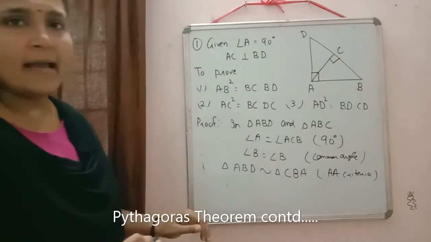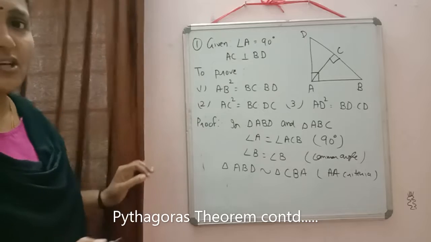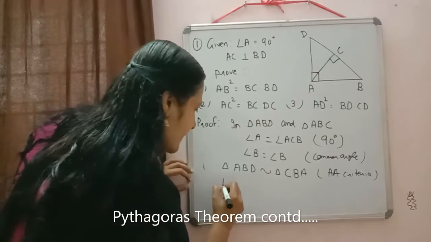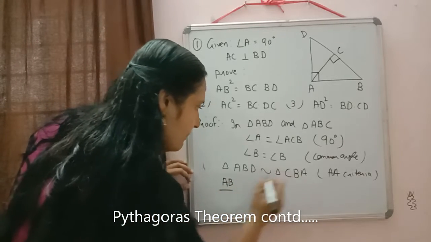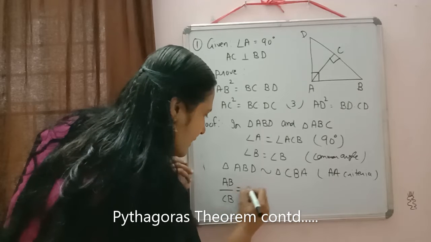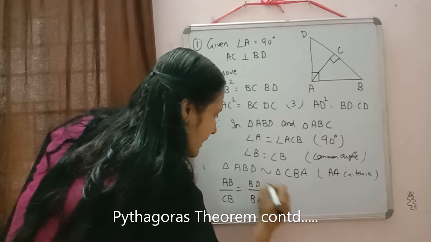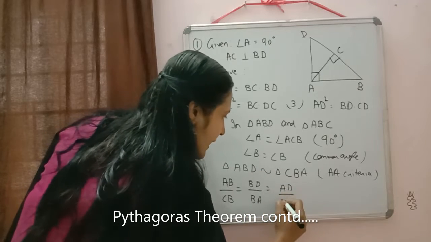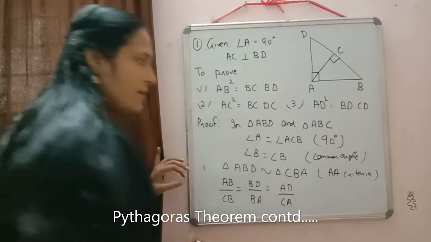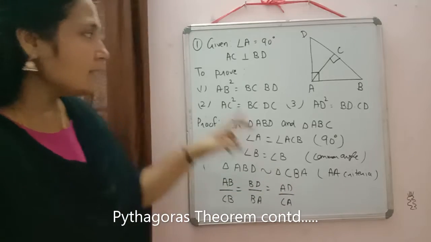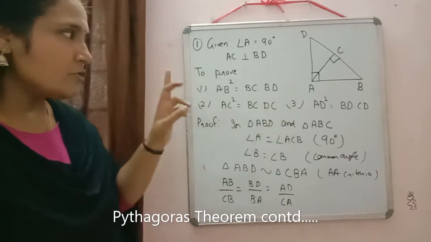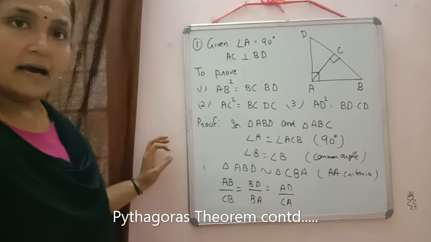After that, we will write the ratio of the corresponding sides are equal. So AB by CB is equal to BD by BA is equal to AD by CA. If the naming is wrong, then this proof will not come, so be careful when you are writing the names.